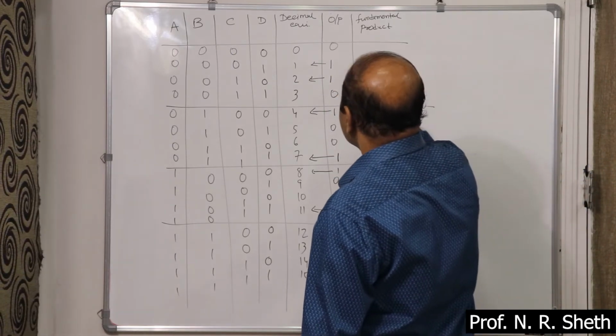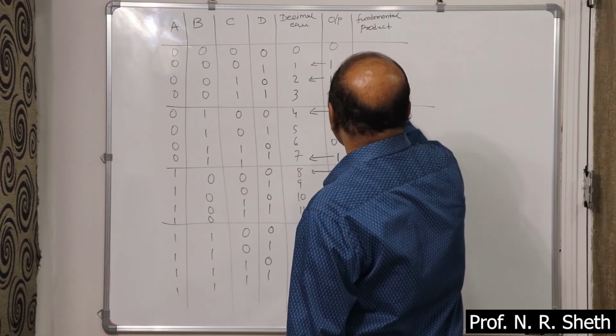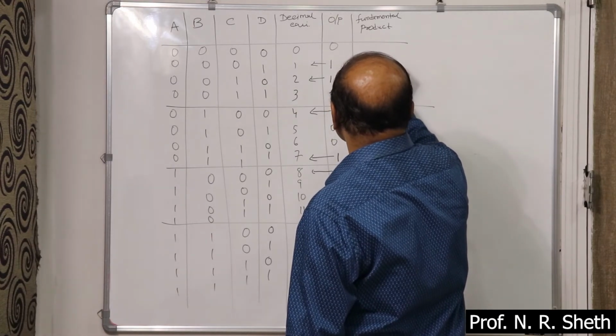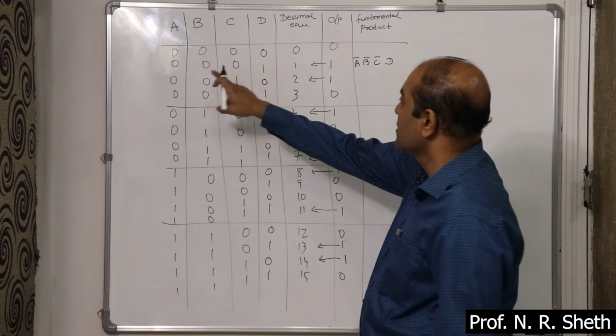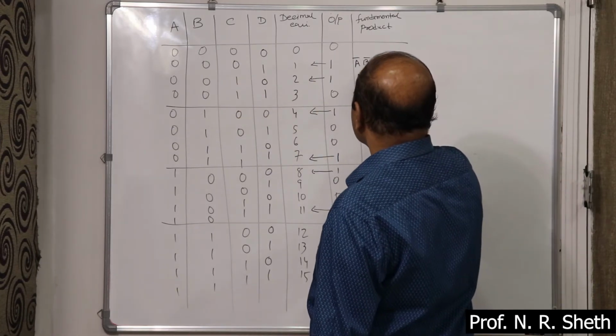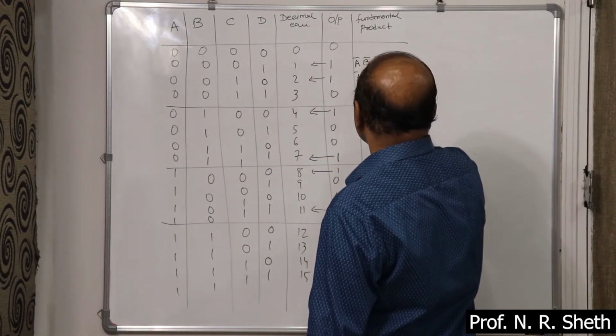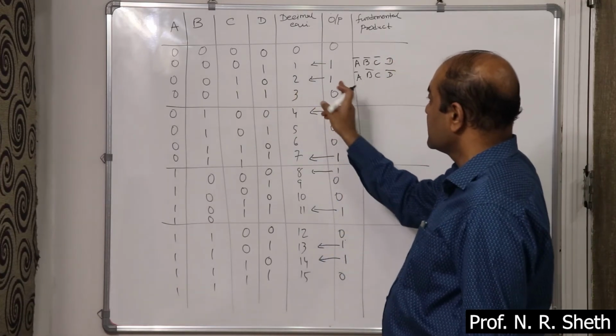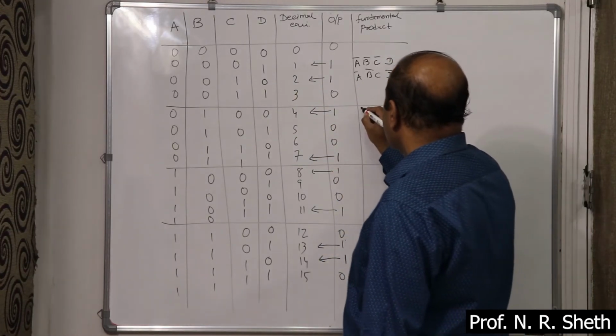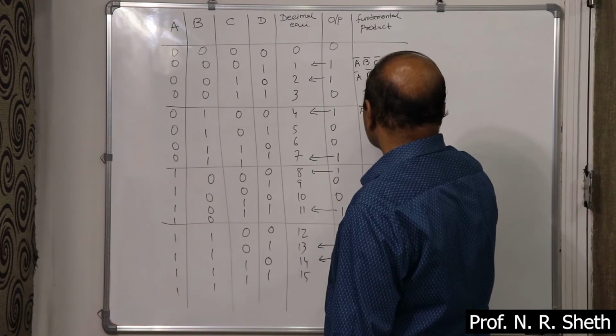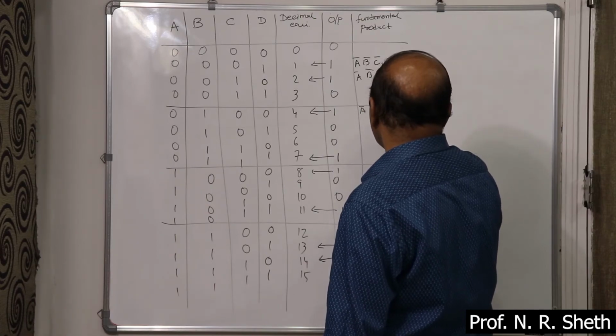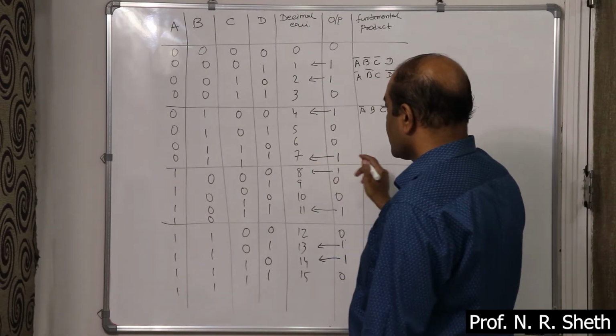This one, fundamental product, A bar, B bar, C bar, D. A bar, B bar, C, D bar. A bar, B, C bar, D bar.